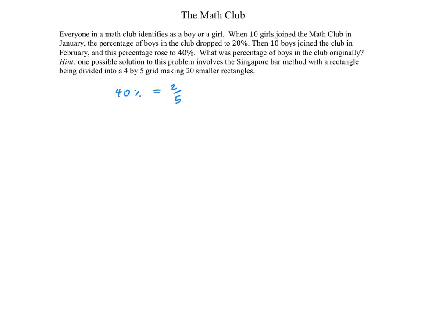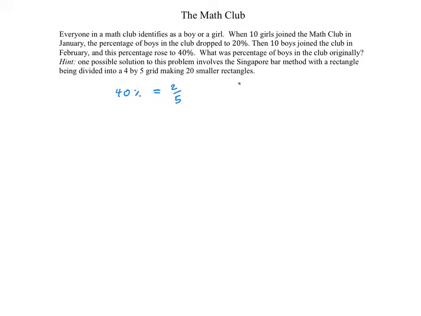Then if you worked backwards and thought about the point when there was 20% boys, you'd want to know how to divide things up. There's a certain amount that's gone. I would want to know how many boys as a percentage of how many girls that 20% left us with.